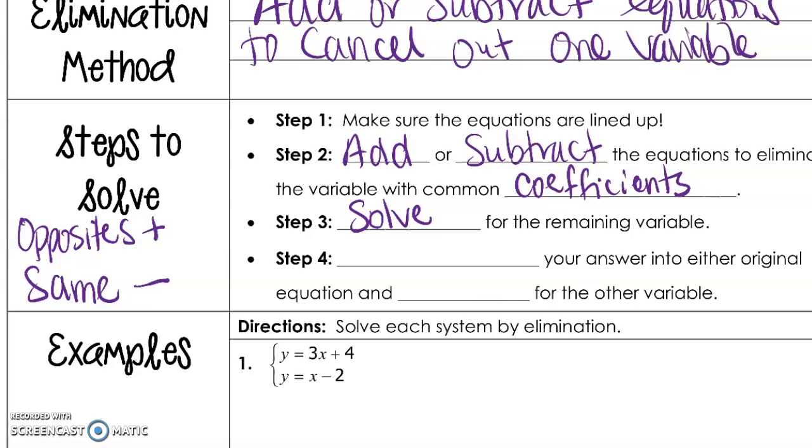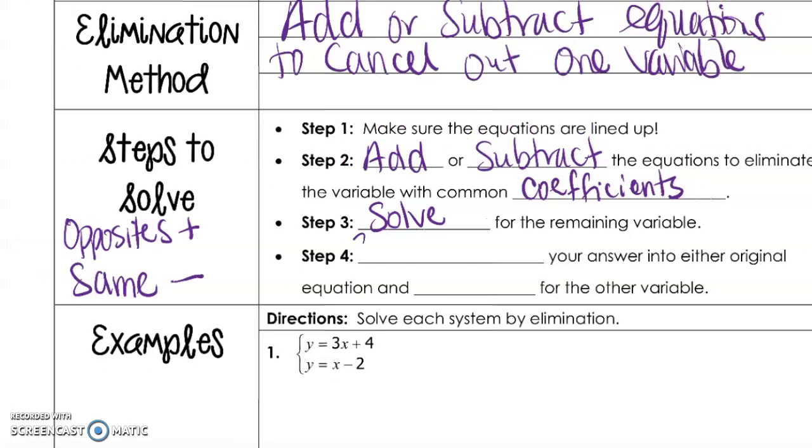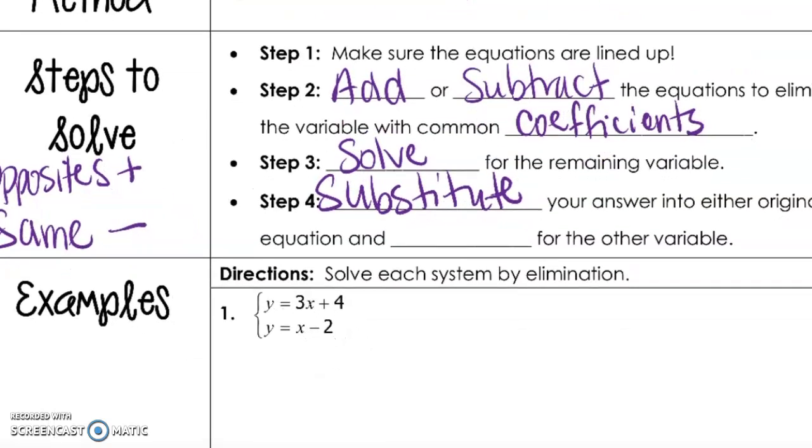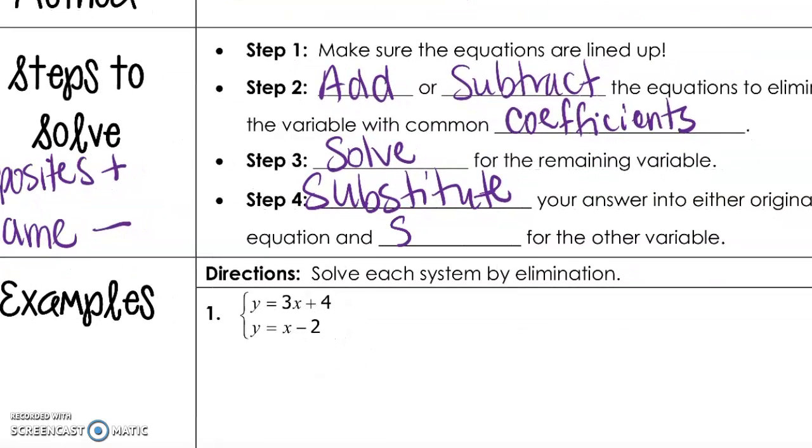You'll get an answer, x equals a number or y equals a number. Then you will plug that number in, substitute that answer into the other equation and solve for your other variable. Again, in words it doesn't make a lot of sense, but once we do a couple of them, hopefully it will make sense.